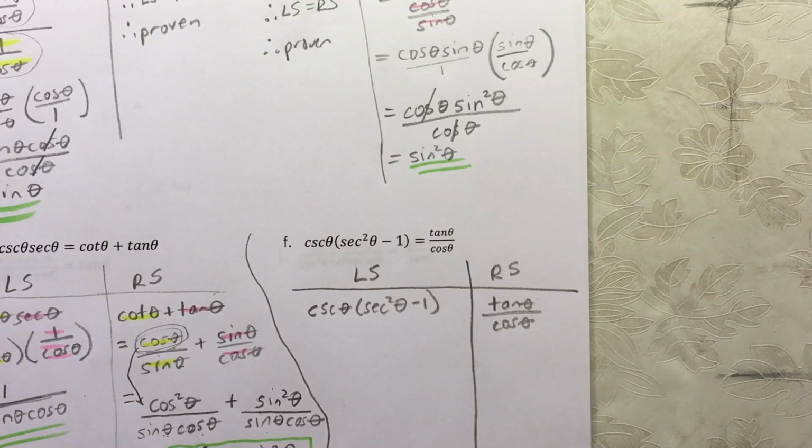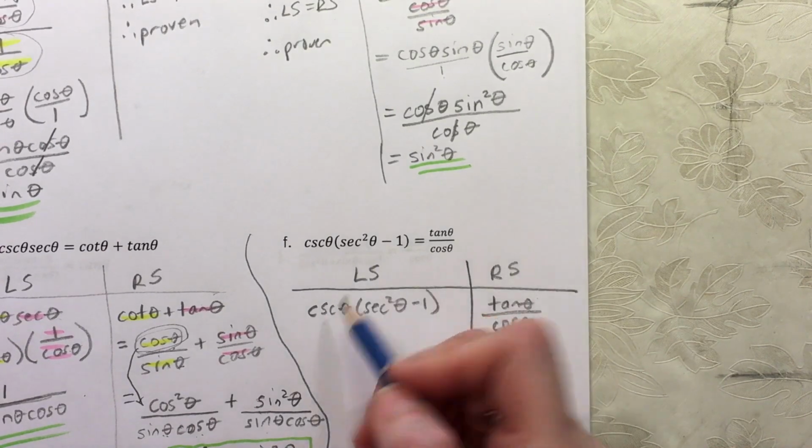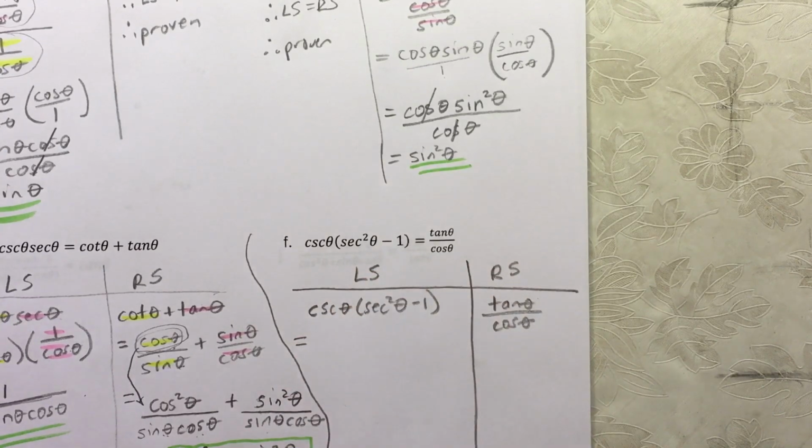So they both look complicated, but I would say maybe the left side looks more complicated. So let's try to go back to our building blocks again of sine and cos if we can. It may take a few steps.